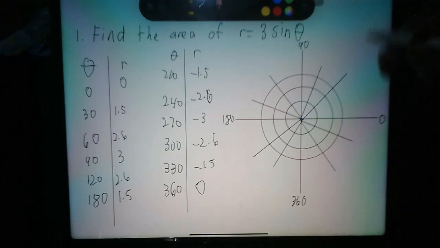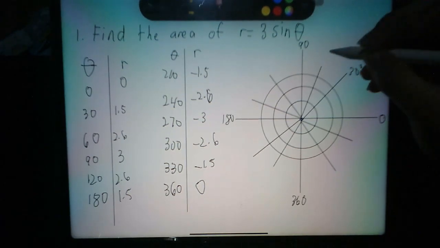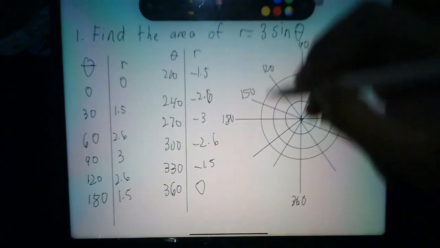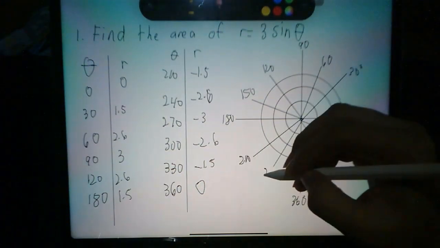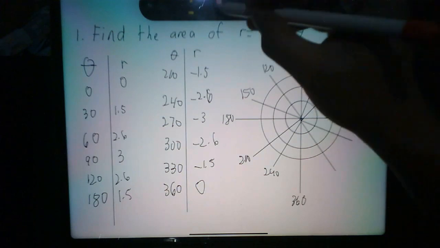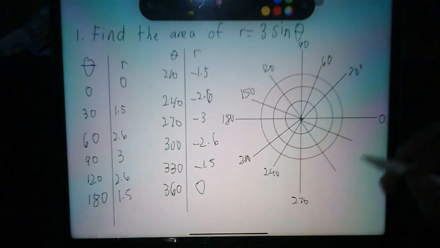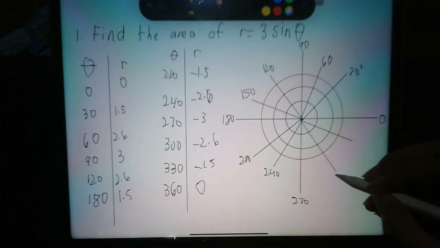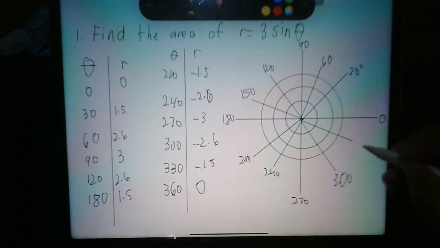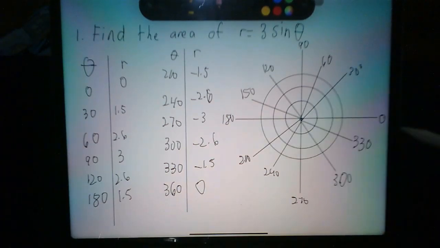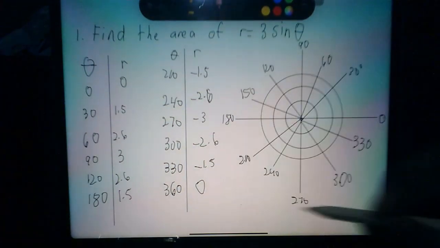This is 30 degrees, 60 degrees, 120, 150, 210, 240. This is not 360, this is 270. This is 300, and this is 330, and 360 is just equal to 0. So it is a complete revolution.